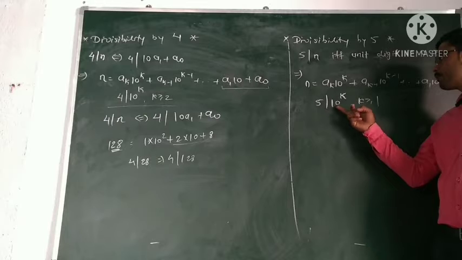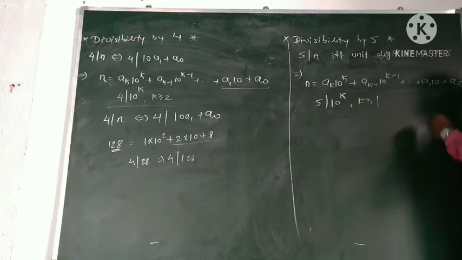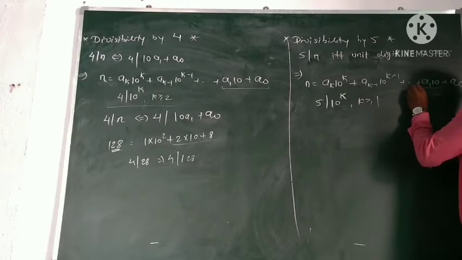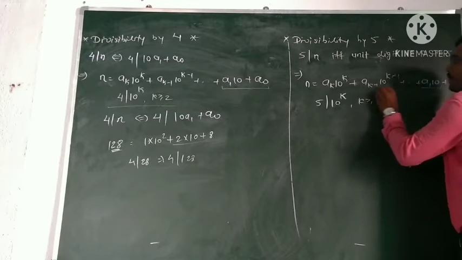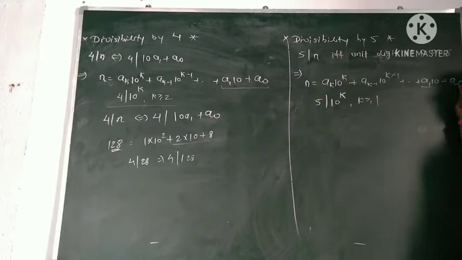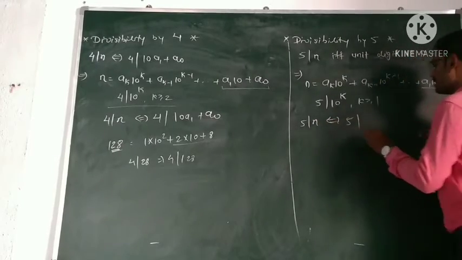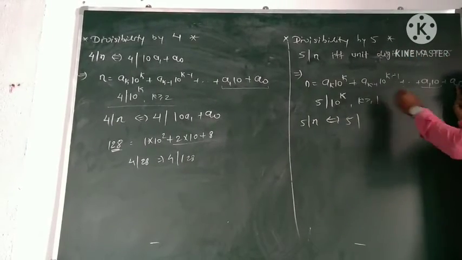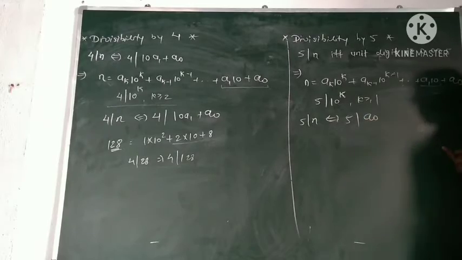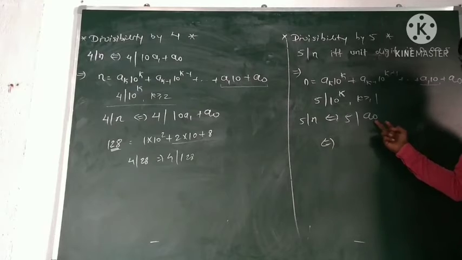So 5 divides 10 raised to power k for all k greater than or equal to 1. So 5 divides 10 times a1, 5 divides 10 raised to power 2 into a2, and so on. 5 divides every term here. The only problem is a0. So 5 divides n if and only if 5 divides the last term in the summation, that is 5 divides a0.